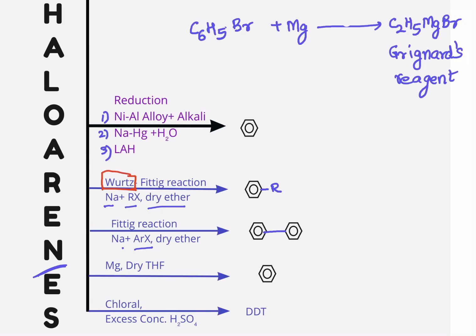So the solvent in the case of aromatic halides that we use is tetrahydrofuran, dry tetrahydrofuran, THF. So instead of C2H5Br, what will we have over here? Absolutely, C6H5MgBr. So again we've got the Grignard's reagent over here.